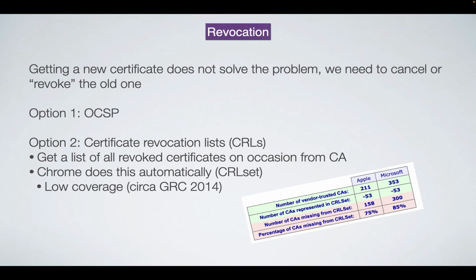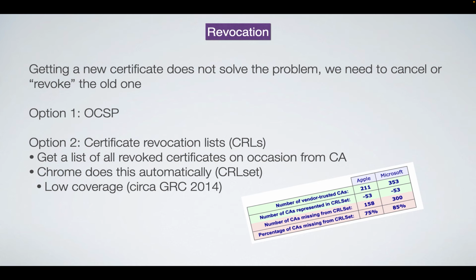The only problem with this approach is, at least, this is 10 years old now, in 2014, so I don't know currently. But one researcher, Steve Gibson, went around and tried to find all the CAs and saw how many are actually in the set of CAs that Google is trying to get. He found that like 75% or 85% were missing, depending on which operating system you were on.